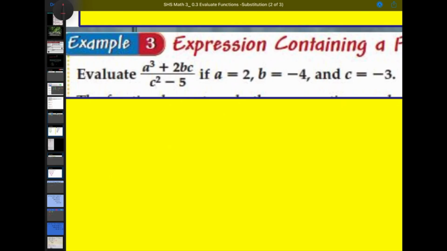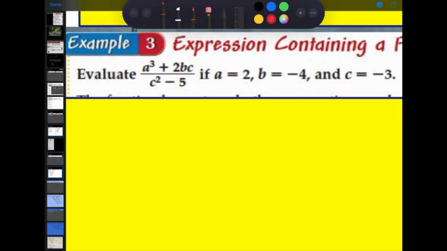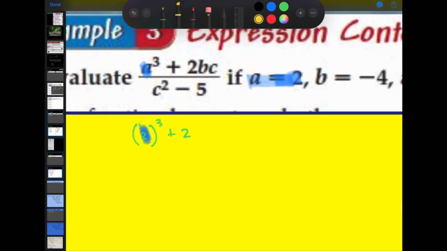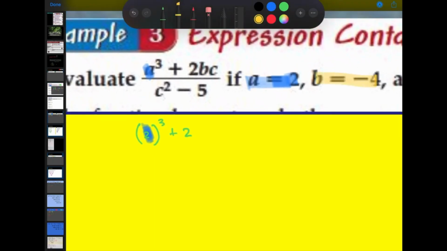What's our A value? 2. So 2 to the 3rd power plus 2 times, what's our B value? -4. Oh, parentheses.